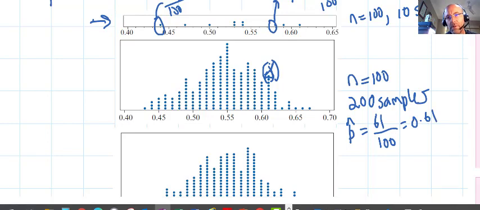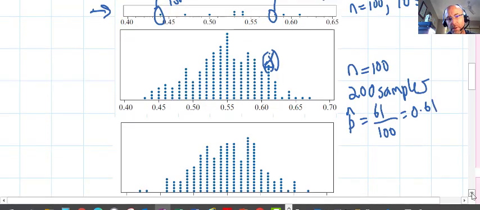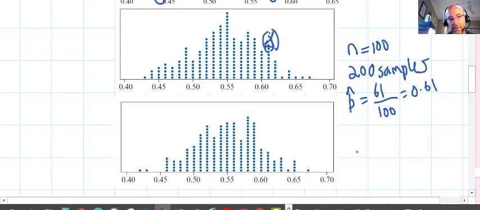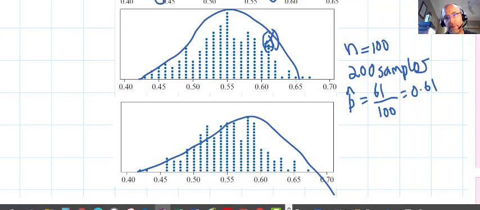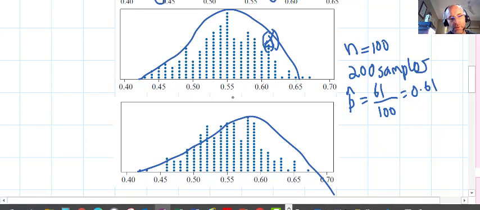We've got 200 of those, and if we repeat it, we don't necessarily get absolutely identical results, but both of them fit a normal distribution as we increase the number of samples taken. We have a lot of individual samples there, and we get the normal distribution.